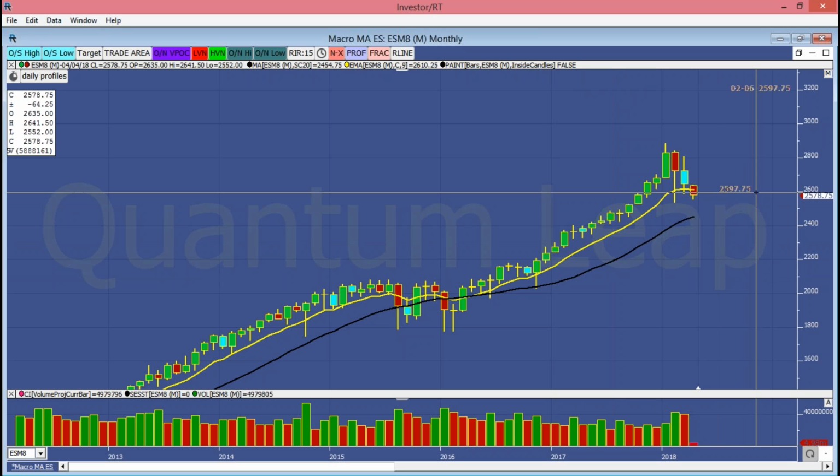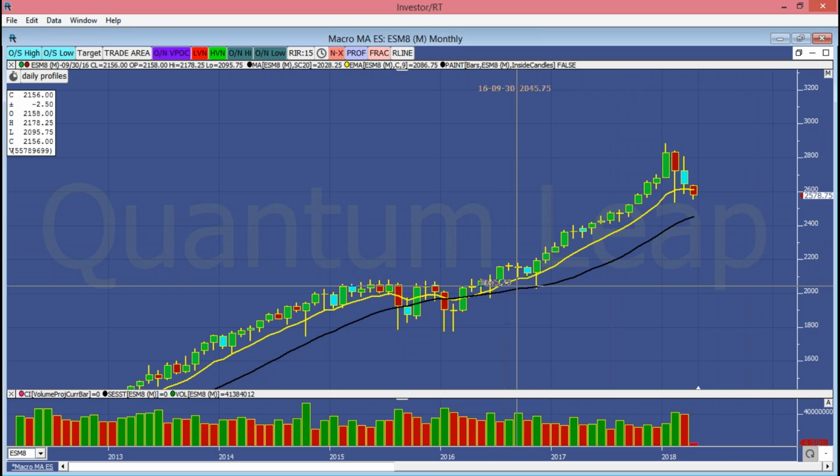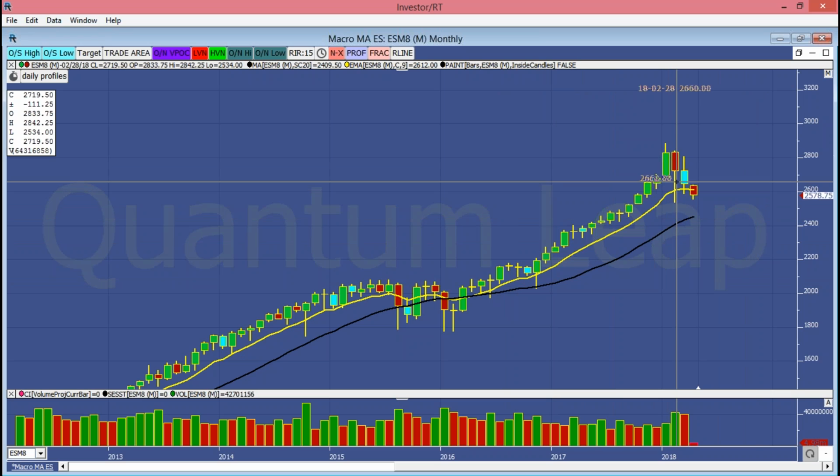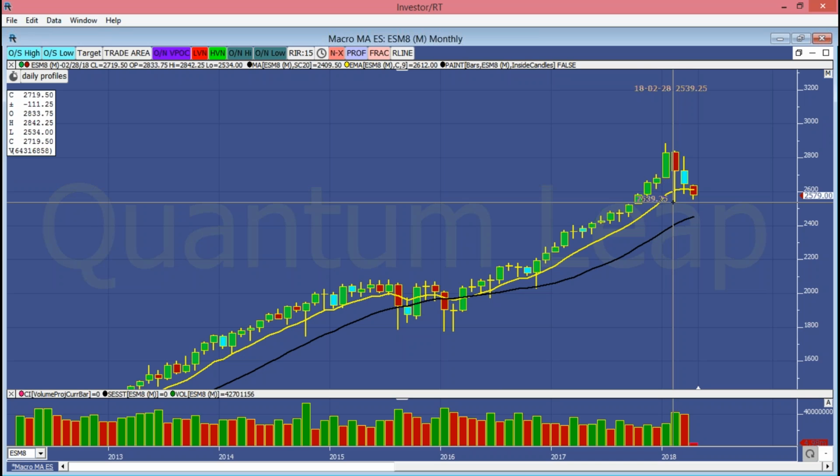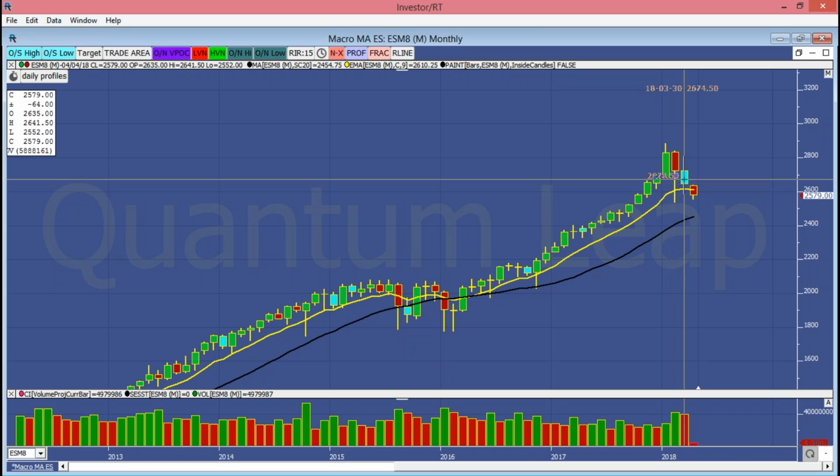And where are we challenging the trend by breaking below the 9, or possibly violating the trend and breaking above or below the 20 SMA? 14 months of one time framing up, violated in February, but did not hold below the 9.